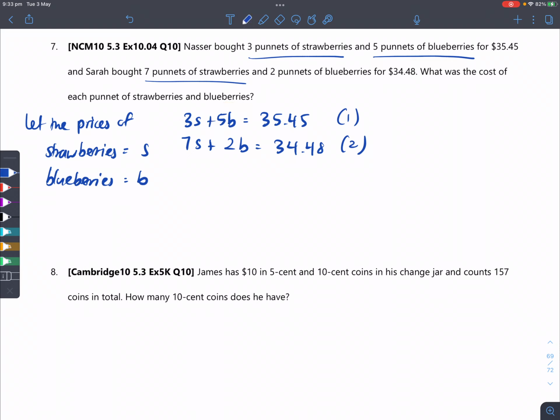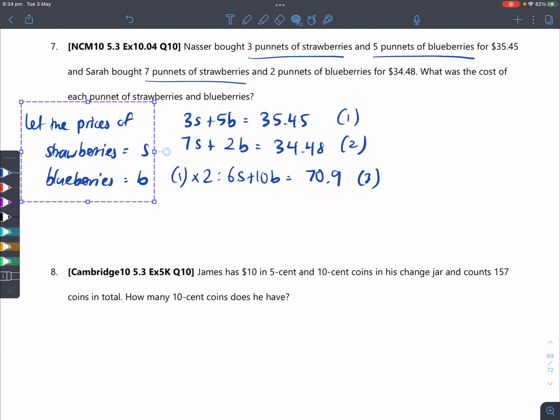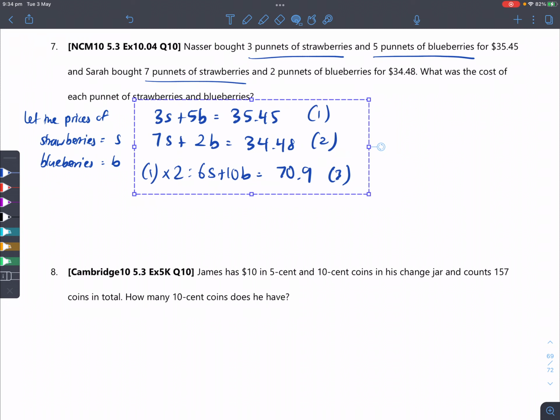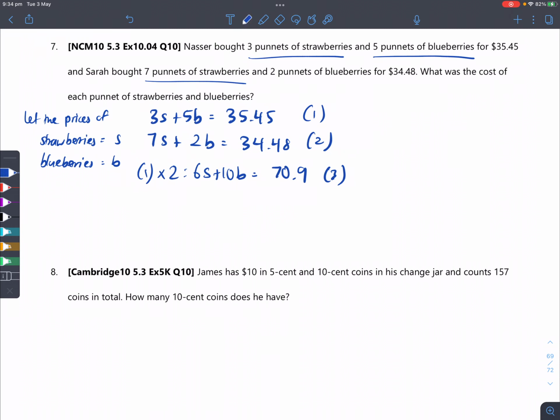So I need to multiply equation 1 by 2 to get 6S plus 10B. Now I need to double that, so 35.45 times 2 is 70.9, and that's now equation 3. Whereas for equation 2, I need to multiply this equation here by 5 to get that into a 10B.